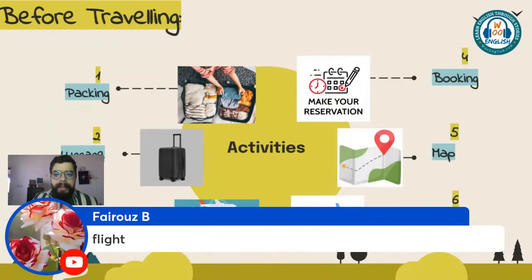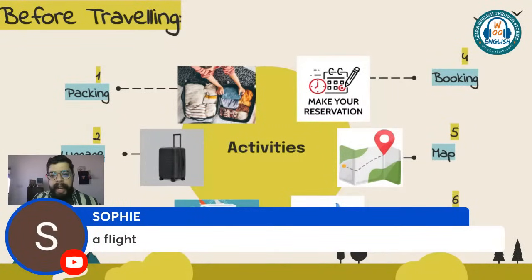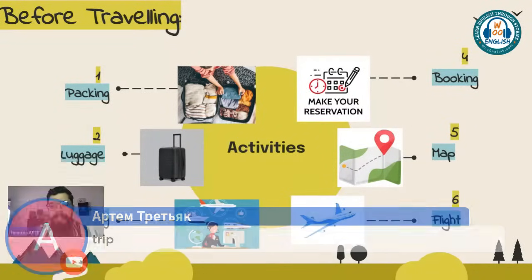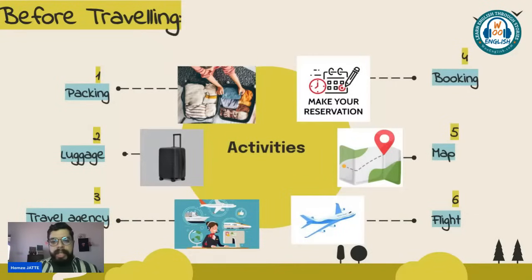Artyom is giving us another name, which is trip. But the word I'm specifically looking for is flight. When you travel by plane, that's a flight, all right? So I can say my flight is at 2 p.m., for example, meaning that my journey will start at 2 p.m.